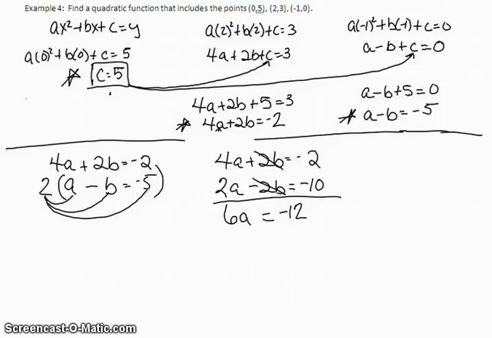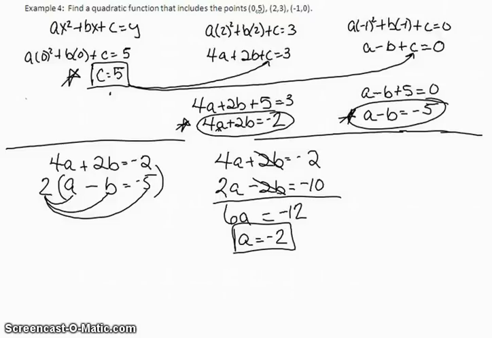Divide both sides by 6. a equals negative 2. Taking this answer and substituting it into either one of these equations from step 3, I'll just use this one. Negative 2 minus b equals negative 5.